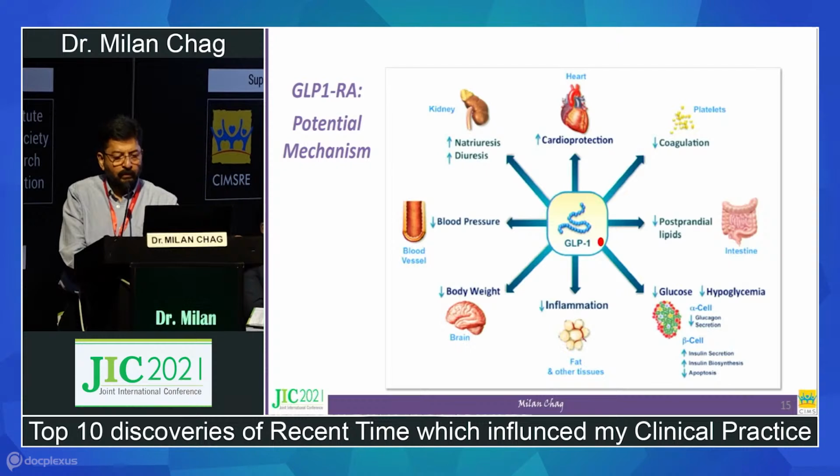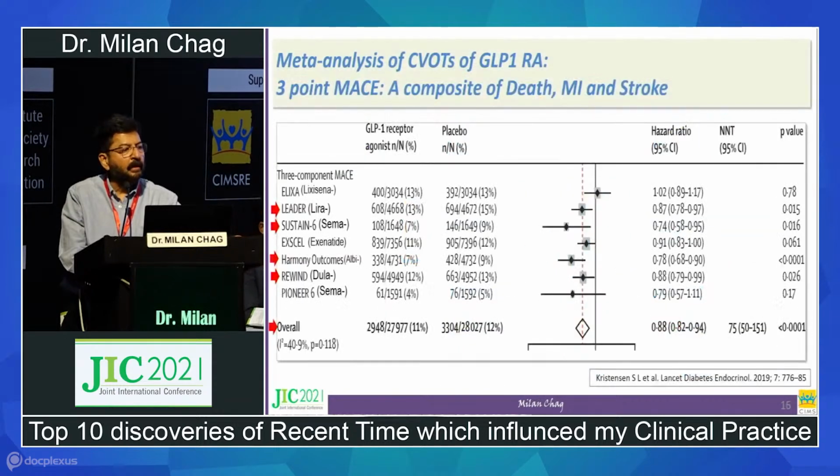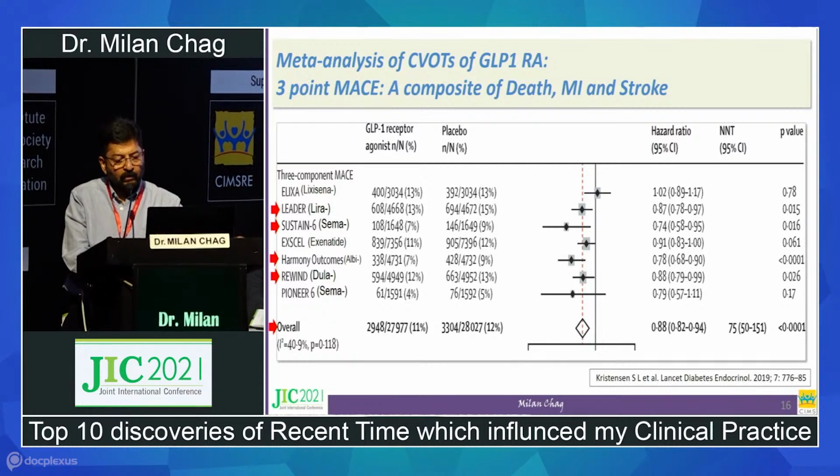It is another innovative group. Apart from reducing glucagon secretion from alpha cells and increasing insulin secretion from beta cells in the pancreas, there are multiple beneficial systemic effects. CVOTs of GLP-1 RAs also show that they are not only safe and non-inferior to placebo, but they are superior in clinical outcome.